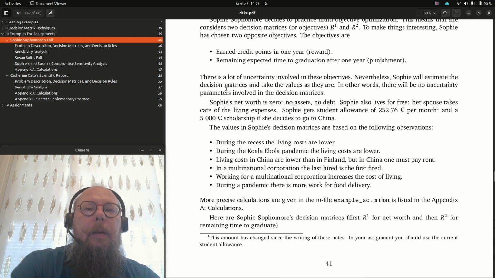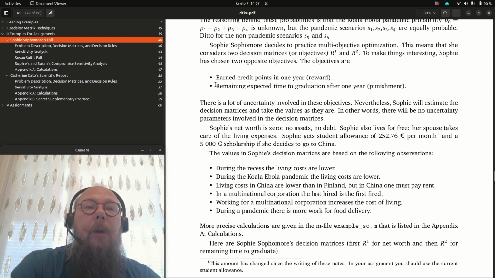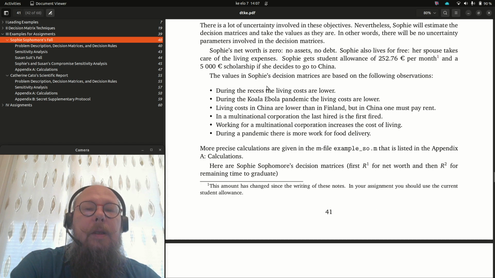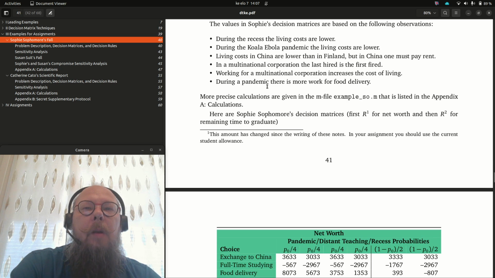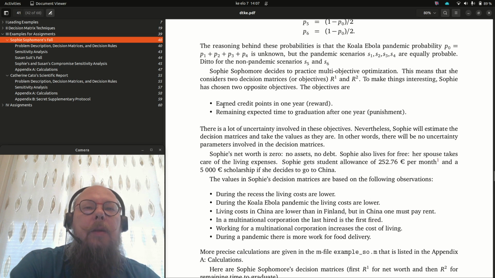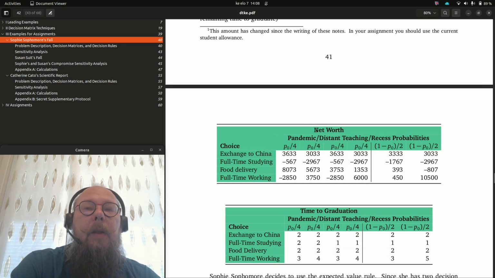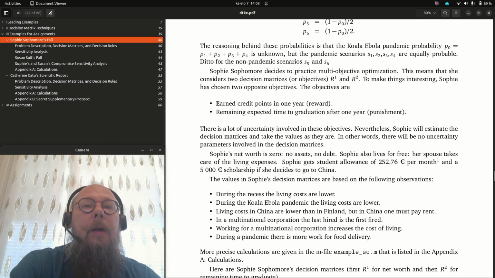I think that the problem is here, I'm so sorry. So this expected time to graduation after 1 year, this is not the objective, but this, no, yes it is. But it's not earn credit points in 1 year, but it's net worth in 1 year. So this here is a mistake. I will soon, in the lecture notes you have, this is probably, if I remember, corrected.